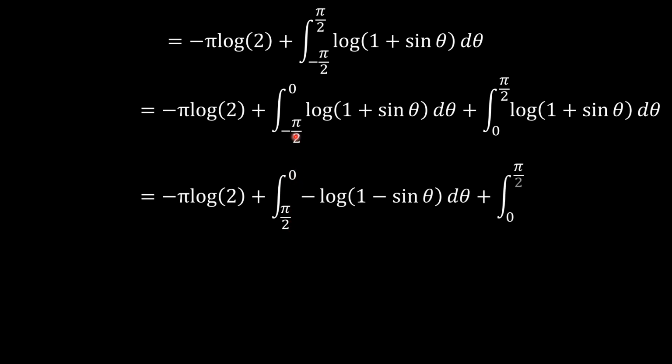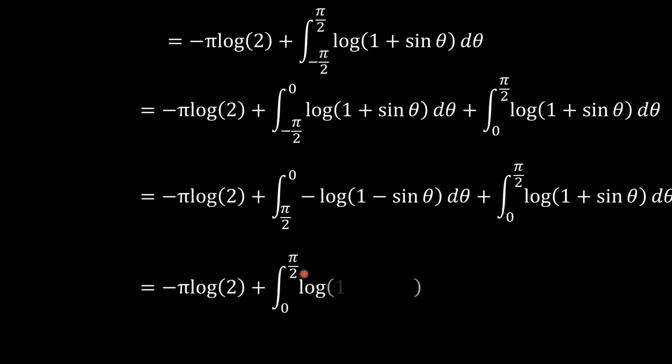Here we've just flipped the sign so that the d theta becomes negative d theta, and the theta in here propagates out, so we have 1 minus sine theta, and the limit negative pi over 2 becomes pi over 2. So since we have a negative here, this allows us now to flip the limits. So we have negative pi log 2, plus the integral from 0 to pi over 2 of log of 1 minus sine theta.